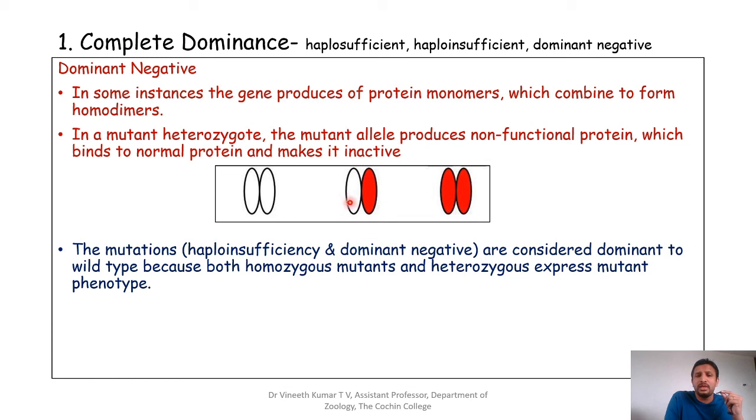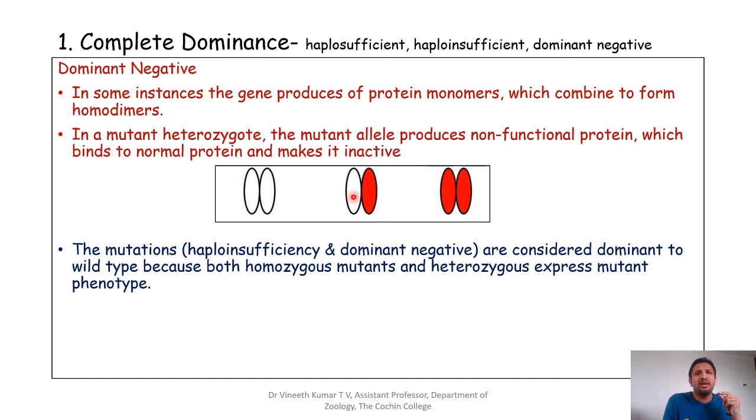In this case, this one is interacting with this and rendering it inactive. But in haploinsufficiency, the inactive protein is inactive, but the concentration of the active protein is not enough for that particular character to be expressed.